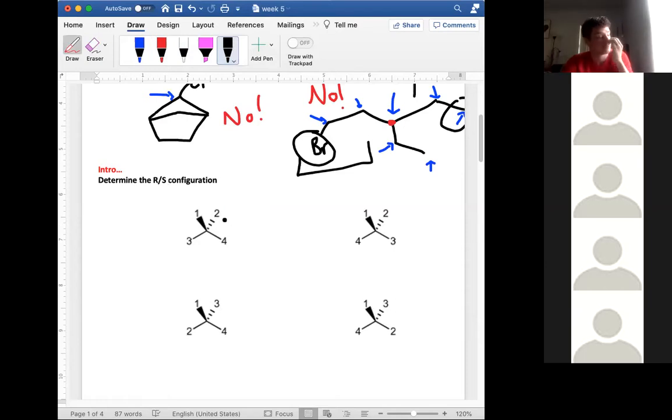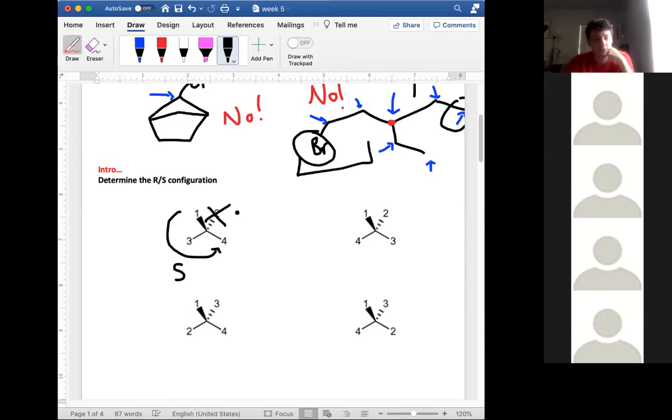So there's this thing where you ignore what's in the back. Yep, you cover what's dashed, right? So you act like that's not even there. And then you find your rotation. In this case, 1, 3, 4. Right now, that would be S, right?